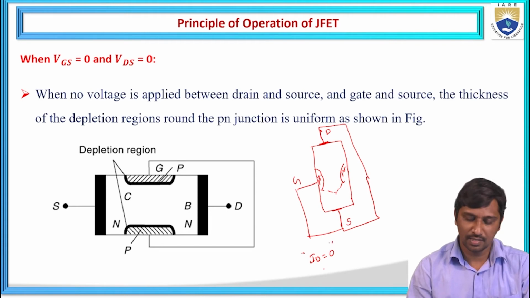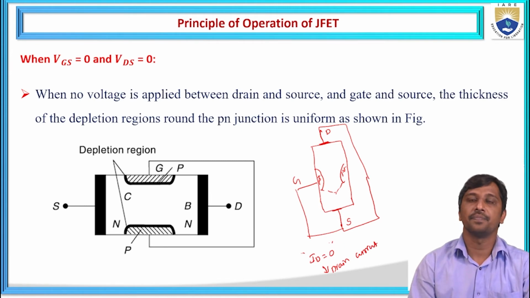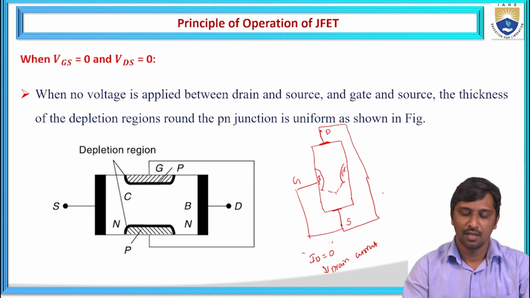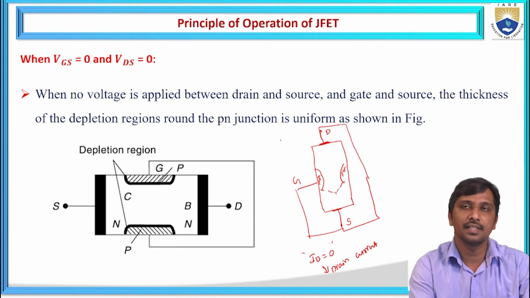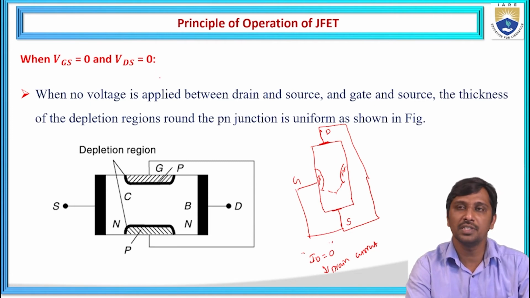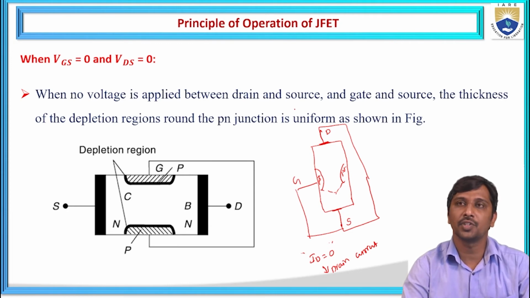So ID here is represented as drain current. Why? Because the external force we are applying, either between drain and the source as well as the gate and the source, we consider as 0. And due to this 0 force, there is no movement or repelling of the charge carriers from the source to drain.